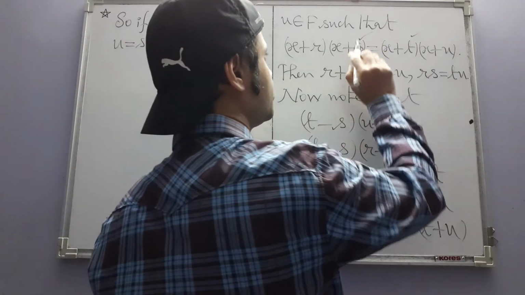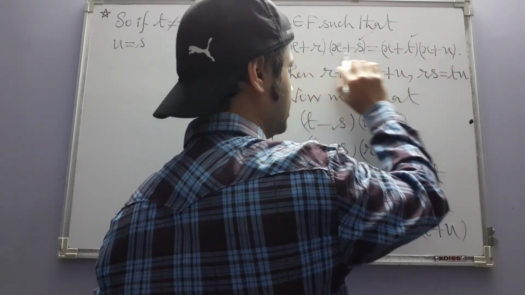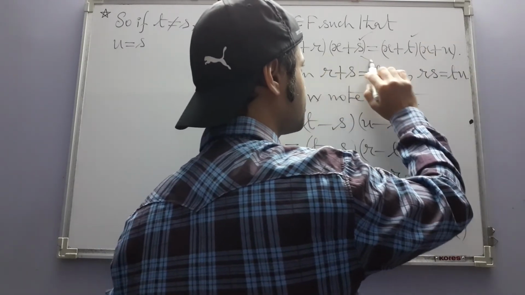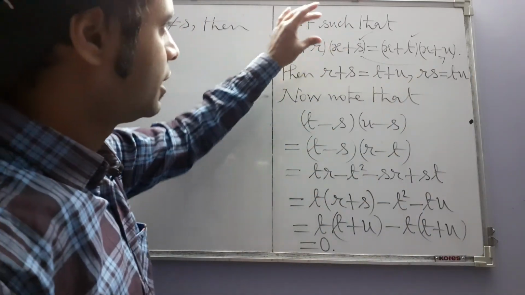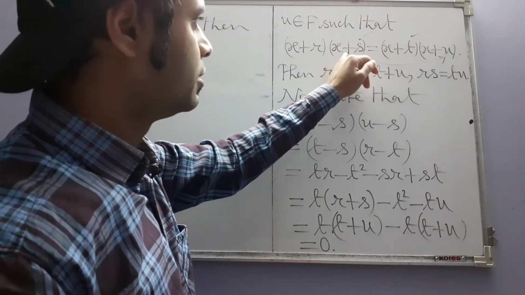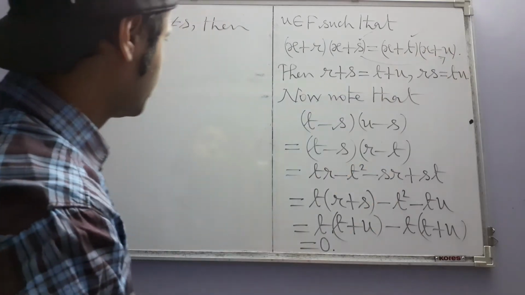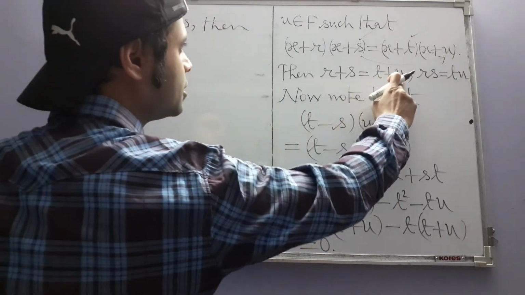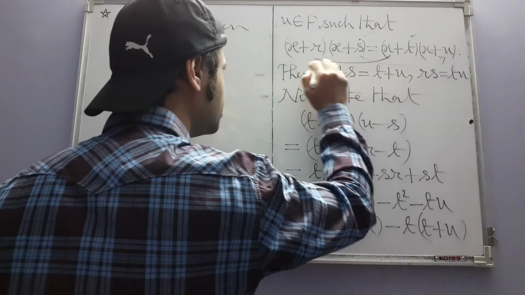So if you are assuming that S is not T, then in order to have this, S must be equal to U. So in effect, you are assuming that this factor is not this one, then this factor must be this one. But now if U is equal to S, then actually R is equal to T, but then this ends up being this one.